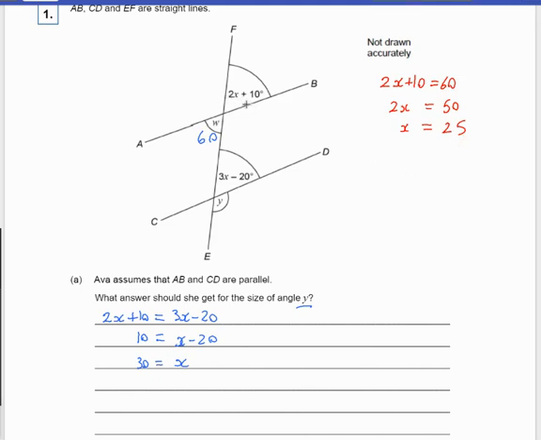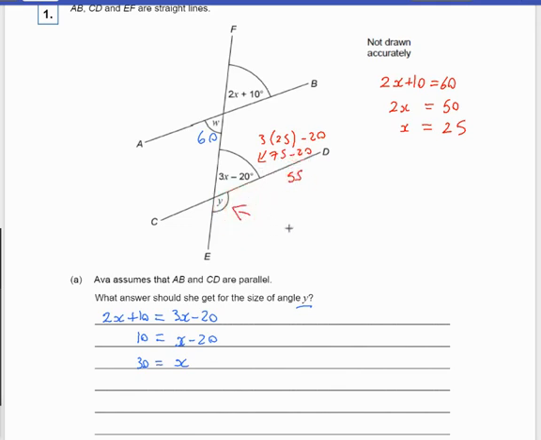Now, x is 25, which means that the x in the 3x minus 20 is also going to be 25, because it's the same x. So this angle now is in fact going to be 3 lots of 25, because that's what x is, take away 20. 3 times 25 is 75, take away 20, that gives us 55 degrees.